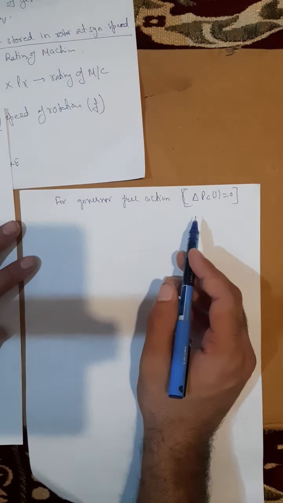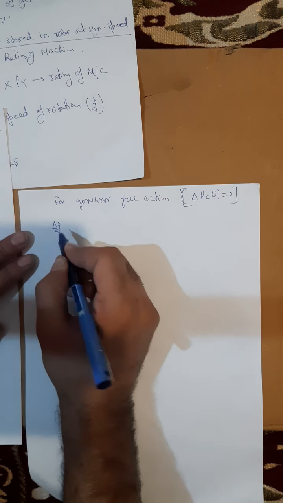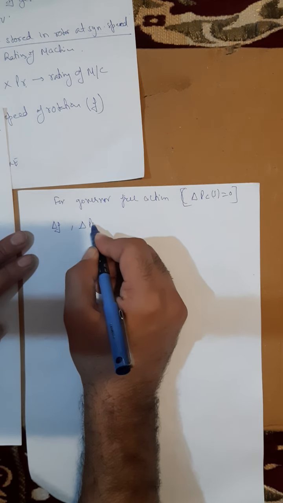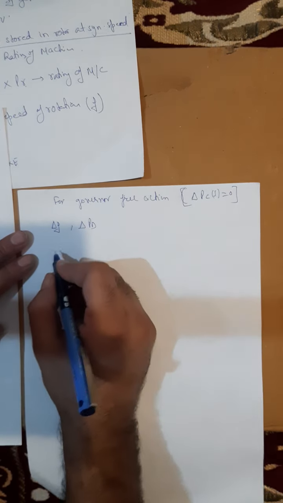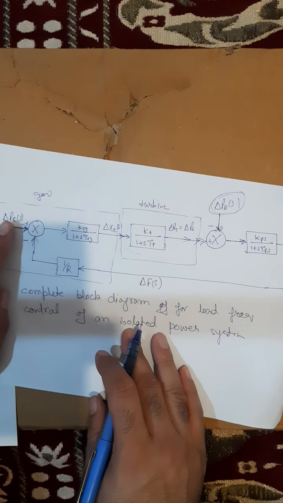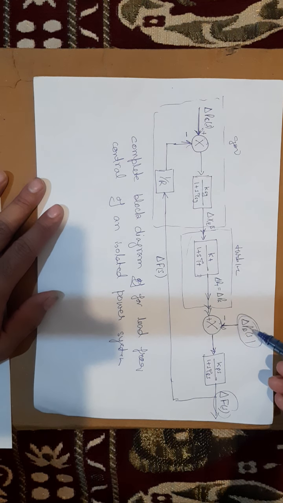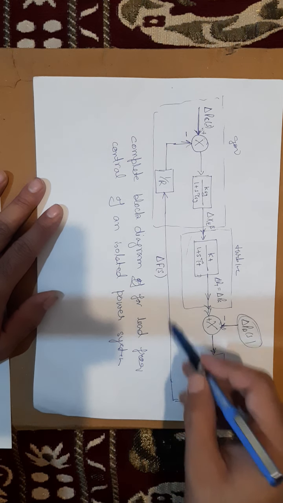For such an operation, the steady change in system frequency delta f for a sudden change in load demand delta PD is obtained as follows. I am saying this is 0, but the frequency is changing because of the change in demand. At that time delta Fs will be equal to what?